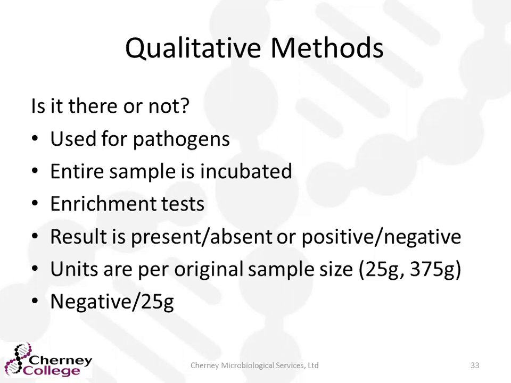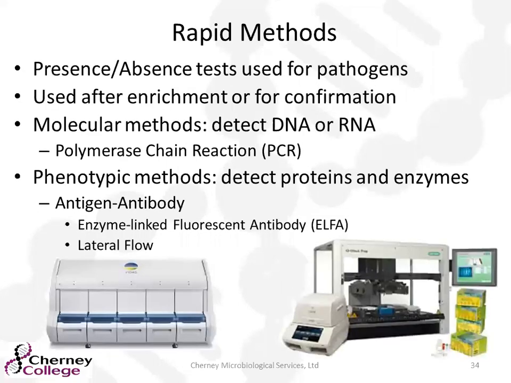That's once it comes out of the incubator. So just want to preface that by saying we still have the incubation period. And then our results are going to be negative or positive, presumptive if we don't do that confirmation step, and it's given in the original sample size. So as our example says here, negative per 25 grams.